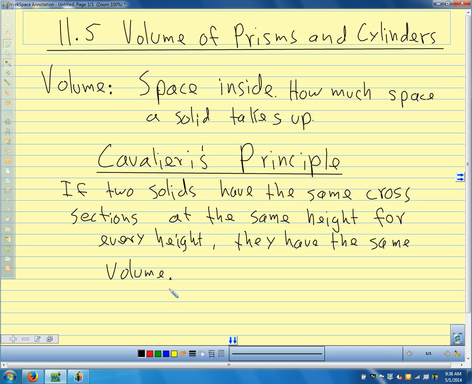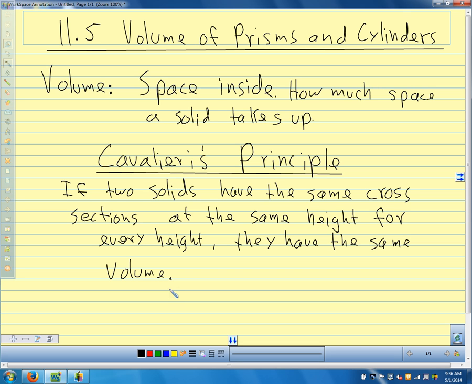Have I changed the height of the books? The books are at the same height. They have the same cross-section. Do the books take up any different amount of space because I shifted them sideways? No. So the volume of this solid, that stack of books, is the same as the volume of that stack of books slid sideways.